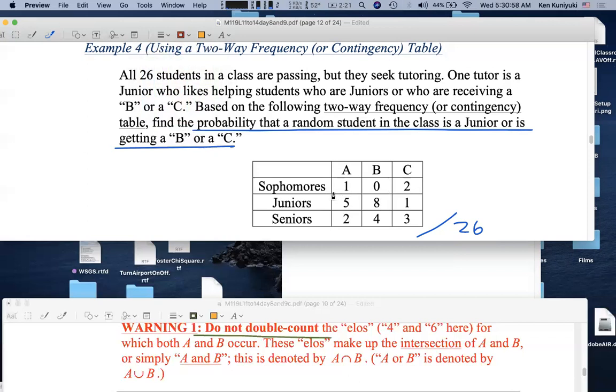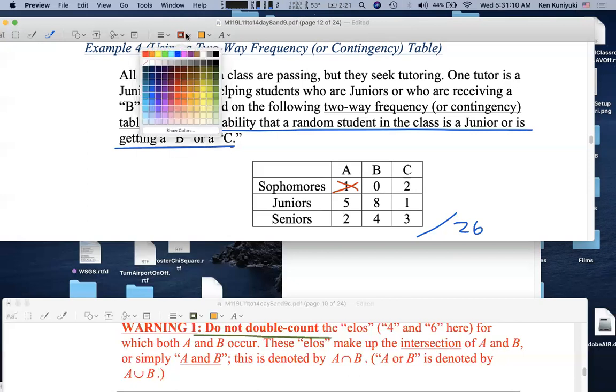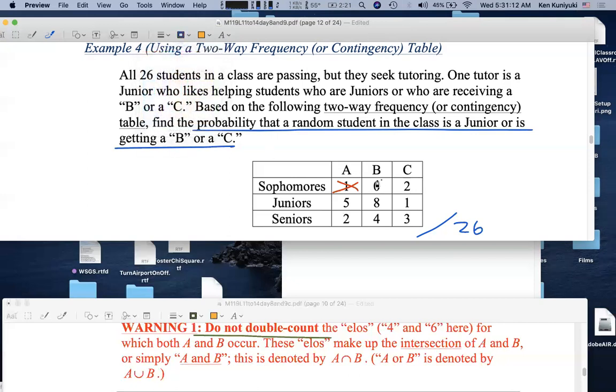The answer is, sorry, no. What about sophomores getting Bs? In principle, you'd be willing to because they're getting Bs, but it doesn't matter so much in this case because there are none of them. In principle, though, let's circle the 0. What about sophomores getting Cs, these two people? Yes, they're getting Cs. You'd be willing to tutor them.